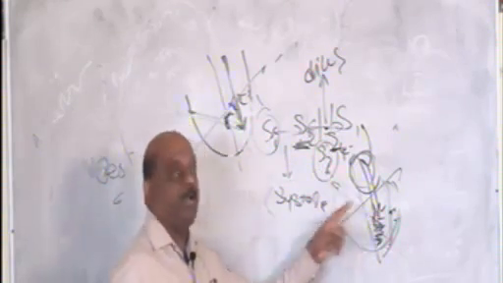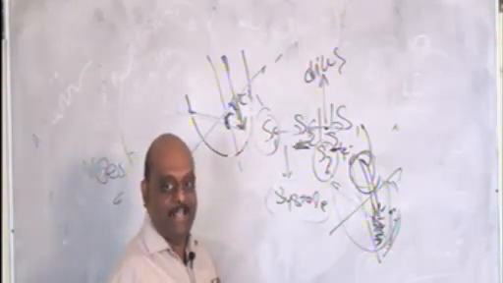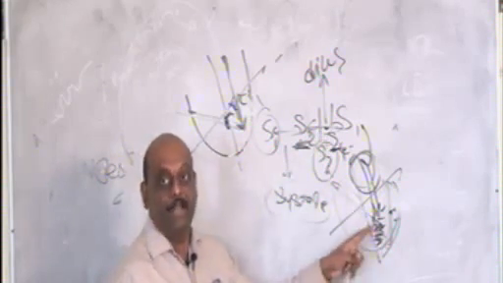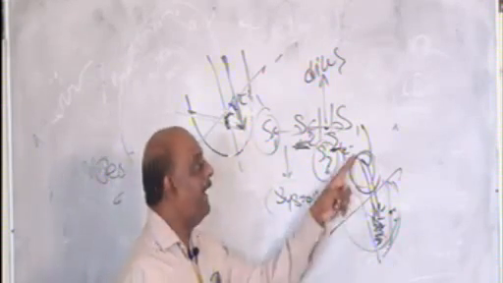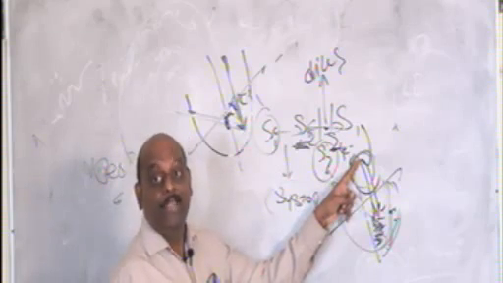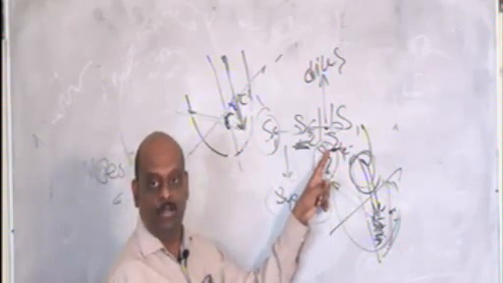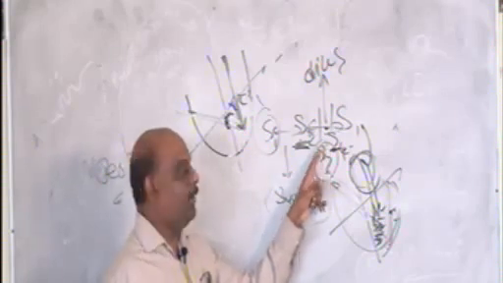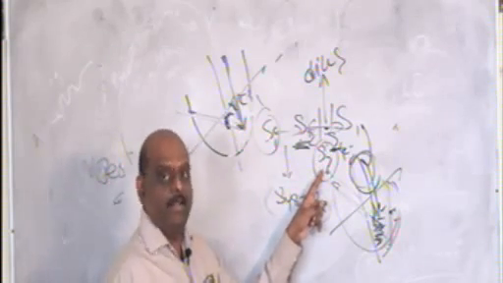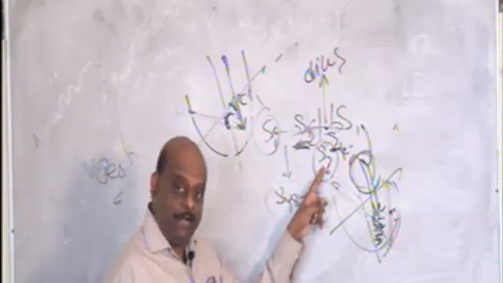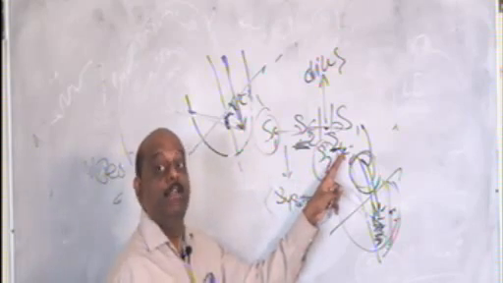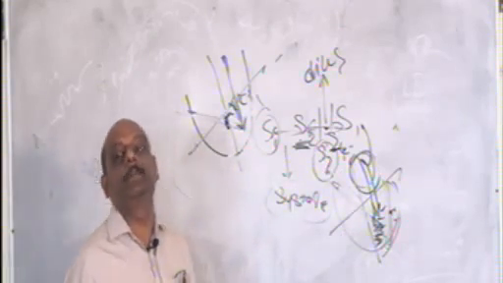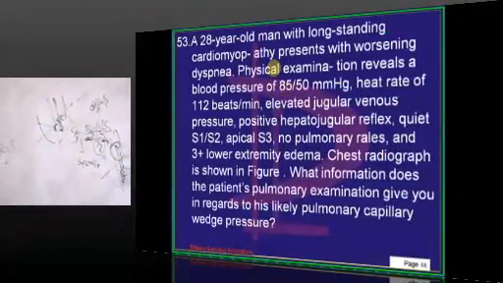So S4 also occurs during the last one-third of ventricular diastole, and it is a sign of ventricular non-compliance. And it is produced by whom? The atrium's effort. Hence S4 is called atrial gallop, S3 is called ventricular gallop. S3 is because of ventricular failure, S4 is because of ventricular hypertrophy and non-compliance; that is what you have to remember.